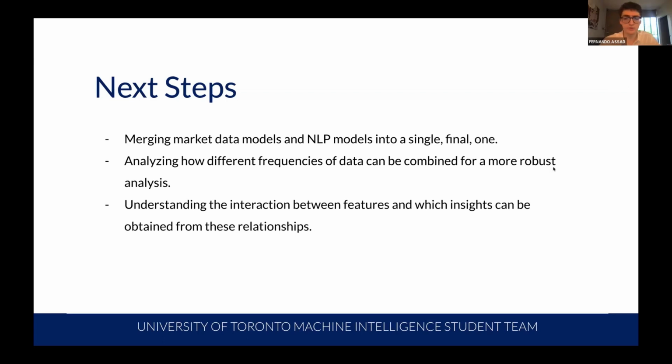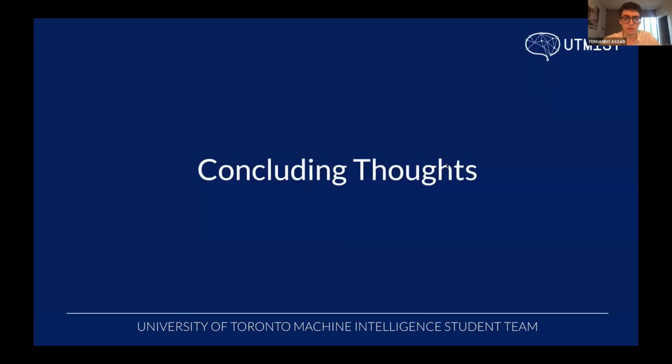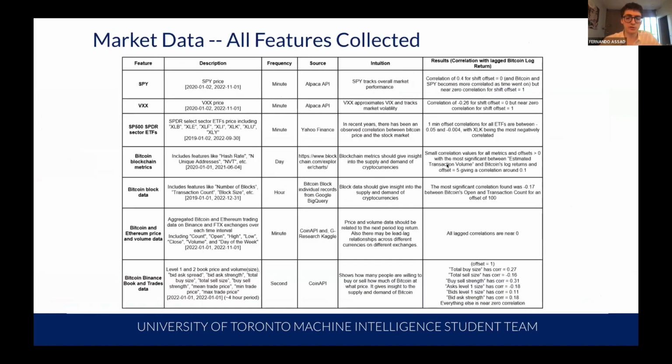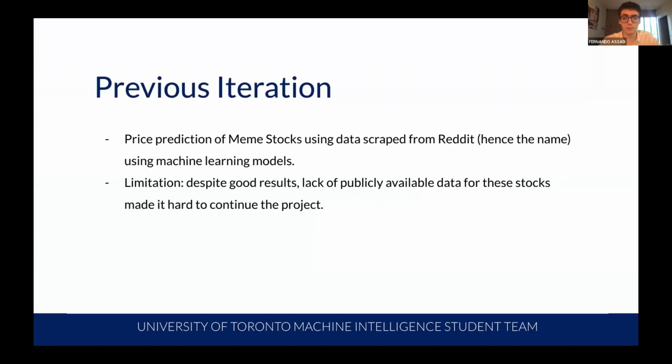I want to answer another question by Tiona. It's in the chat: can we apply this for the stock market? I would say that was the idea of last year's project. If you take a look at what WallStreetBots did last year, we were trying to predict the stock market using Reddit data and also market data. As we mentioned at the beginning of the presentation, there are some limitations, mostly with how much credible and publicly available data we can get.